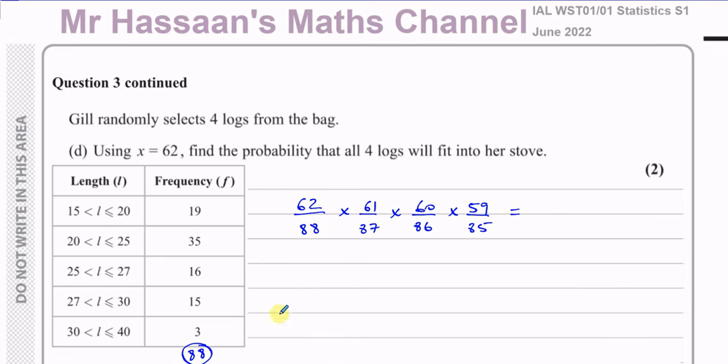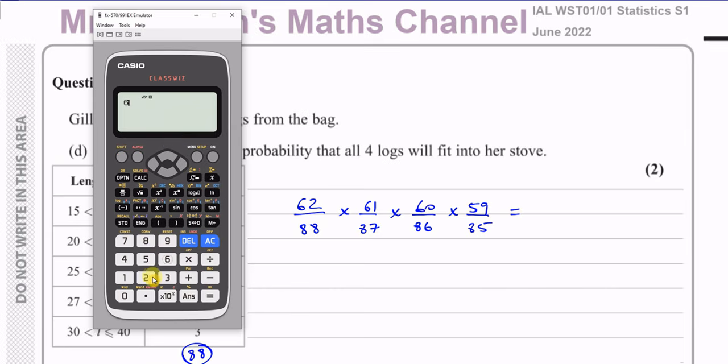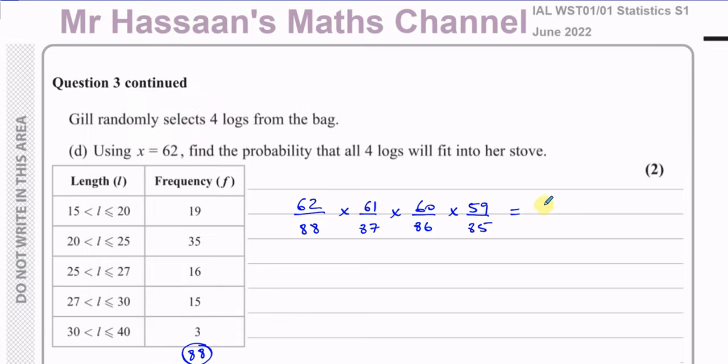So now we're going to find what that gives us. We can take our calculator and just stick that in. So we have 62 over 88 multiplied by 61 over 87, multiplied by 60 over 86, and that's going to be multiplied by 59 over 85, and that gives us 0.2392224, and so on.